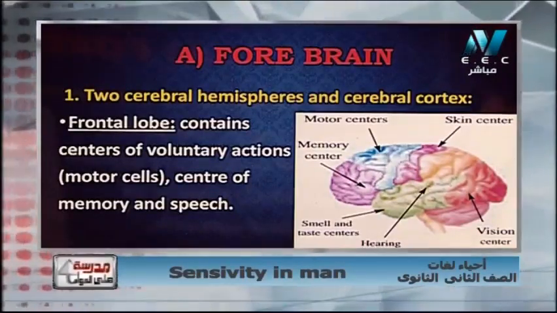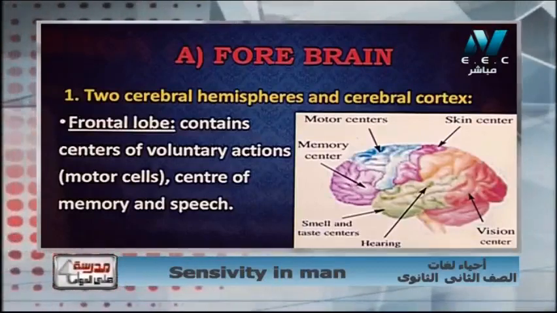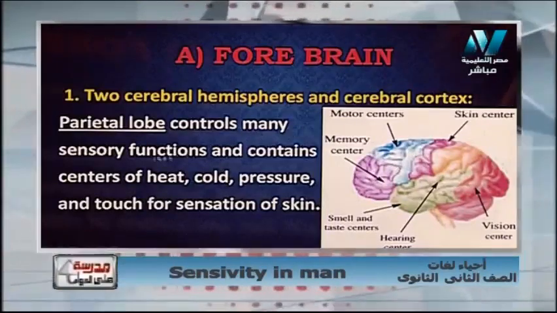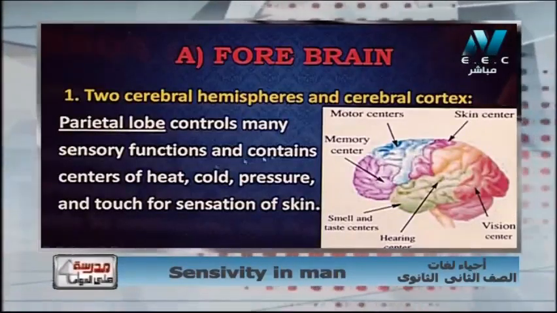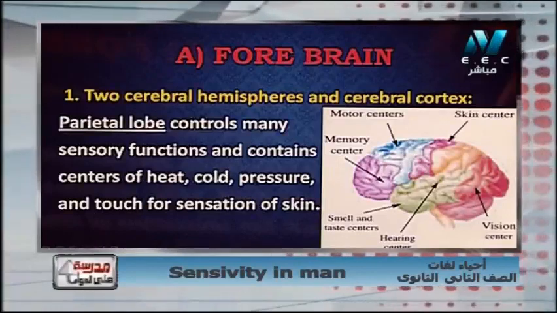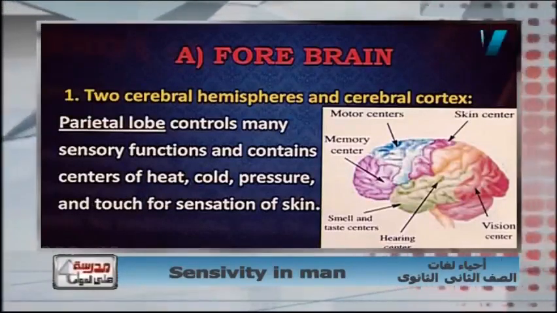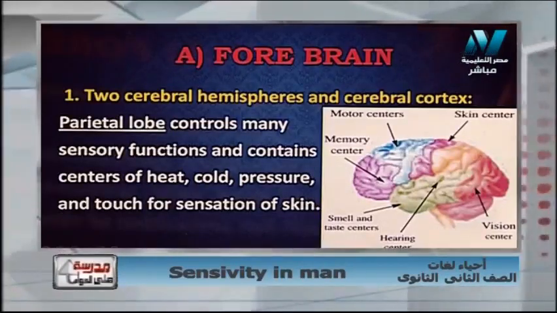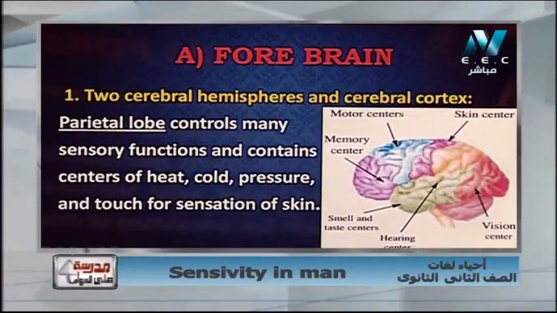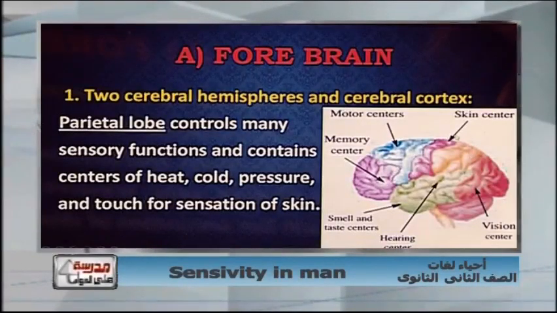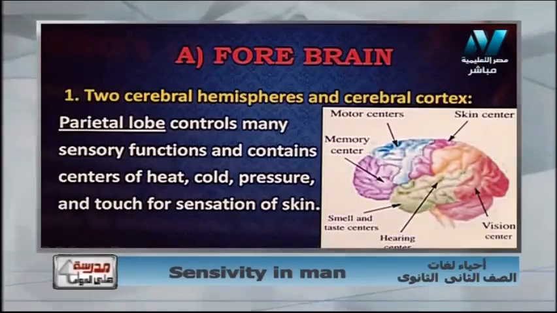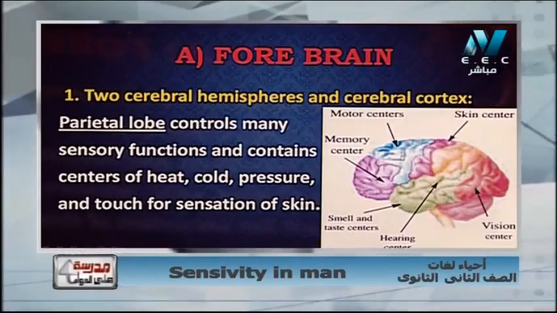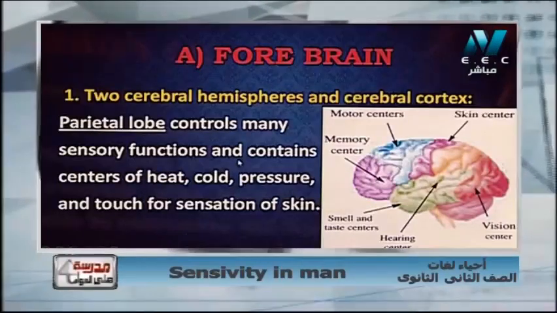The parietal lobe controls many sensory functions and contains centers of heat, cold, pressure, and touch for sensation of skin. It is located at nearly the top of the two hemispheres. You see the skin centers and motor cells. All of these are centers to control the functions.